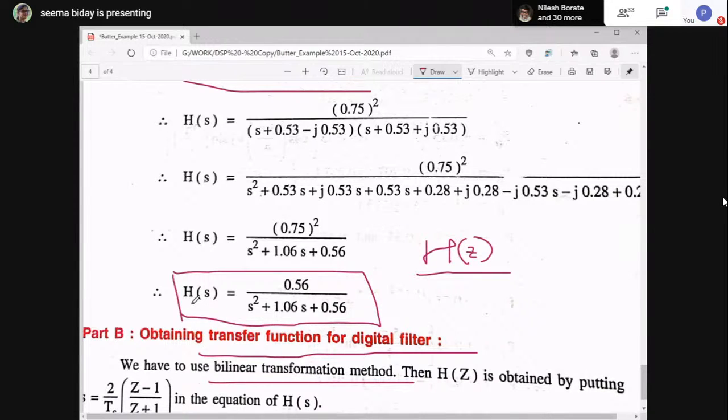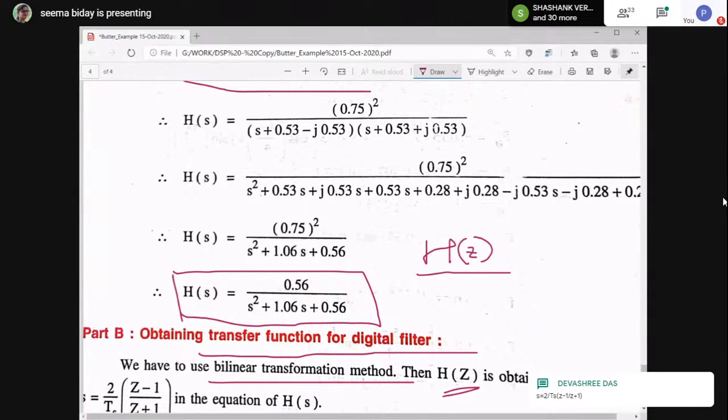How to convert H of s to H of z? This is the last step, if you are asked to take the bilinear transformation method. All the students should write in the chat box, and of course the final answer.